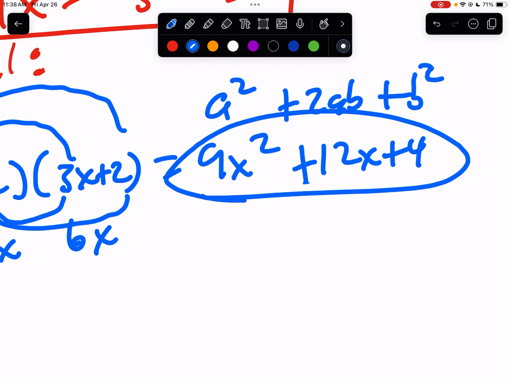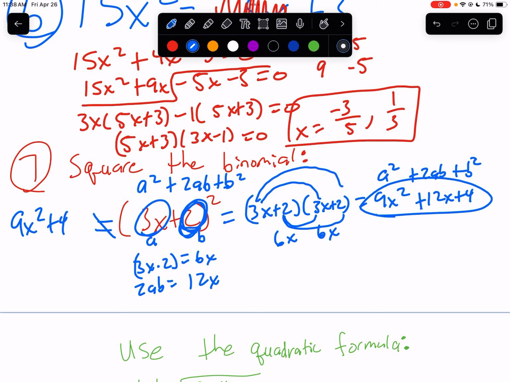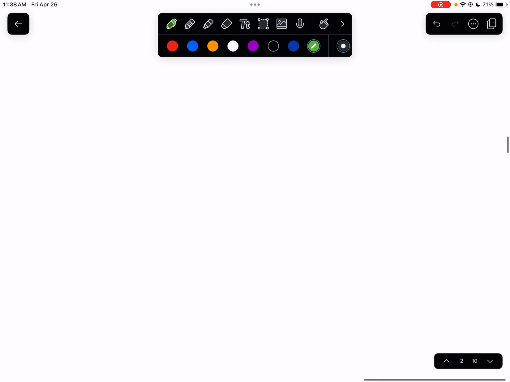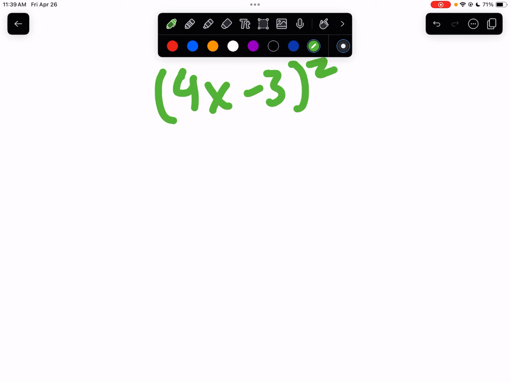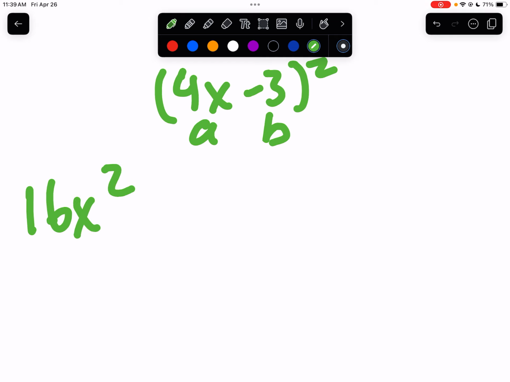The most common wrong thing that people do is they just square the first number and square the last number. That is completely ignoring the outside and the inside distribution. You can't do that. So let's do another couple examples. What would it be if it was 4x minus 3 squared? I'd love for you to pause it and try to do this. If this is A and this is B, you would do 16x squared, that's A squared.